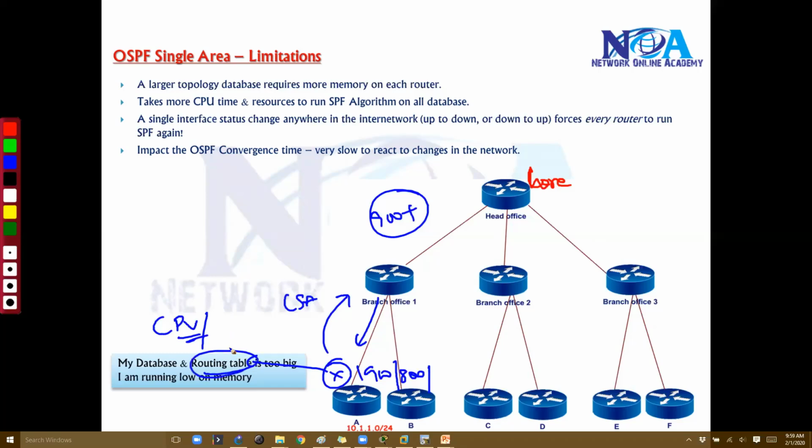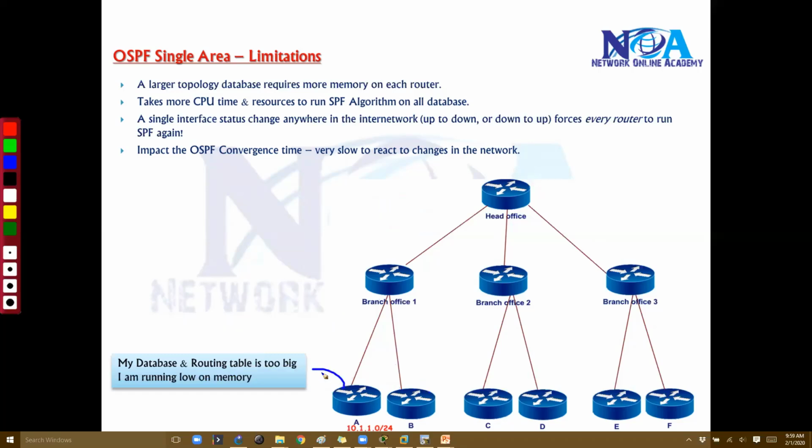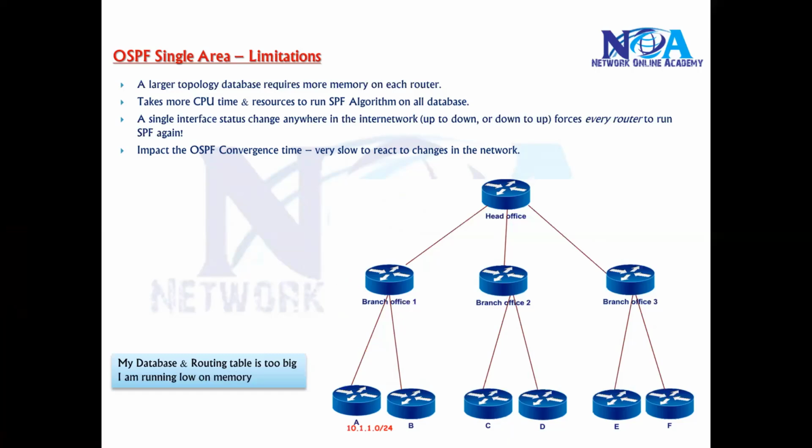The routing table will also be larger because of the plenty of routes. The router has to maintain the database and the best routes to reach each and every router. Most of the problems come with the low-end routers because they don't have enough memory to handle such a huge database.